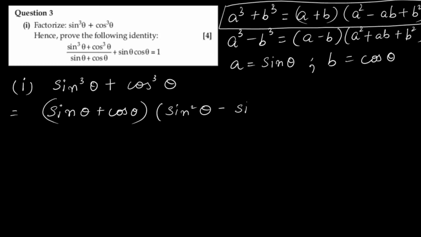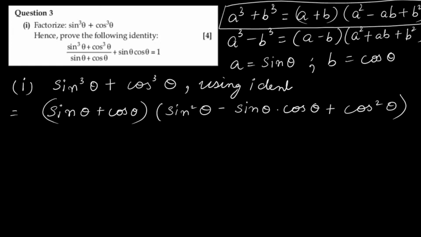So a into b is sine theta into cos theta, plus b square. B is cos, so cos square theta. So you have to write here using the identity. Now further we can simplify. So sine theta plus cos theta as it is, because further simplification is not at all possible.